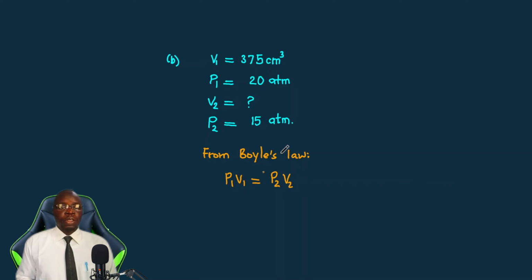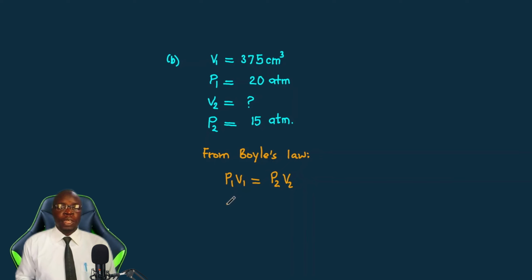This must be constant. So from here, our main interest is getting V2, the subject. So we can also go ahead and insert your numbers directly into this form of the equation and work it out, or you can make what is missing the subject. I think let us make what is missing the subject now.